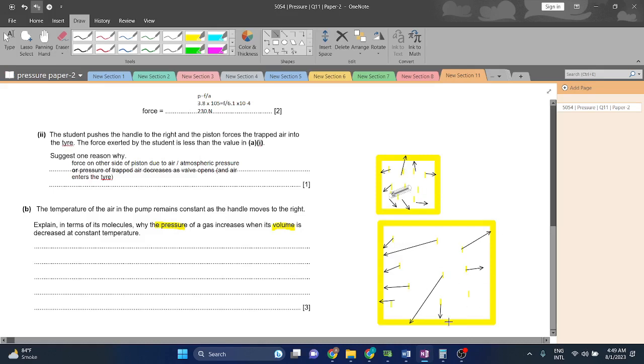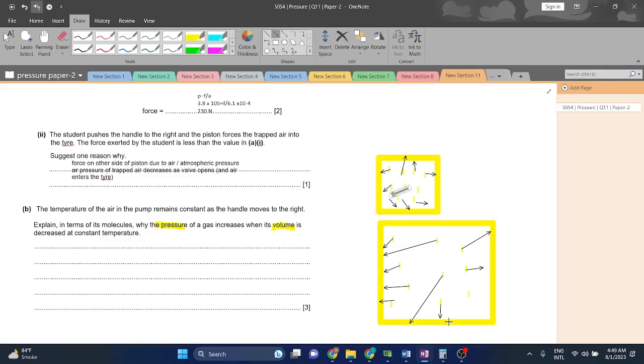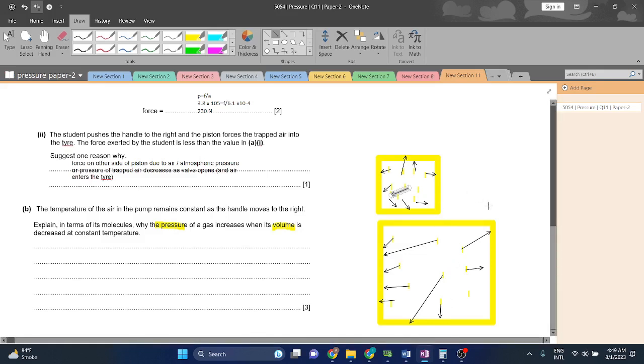So the pressure is increased as the volume is decreased, and the volume is decreased as the pressure is increased.